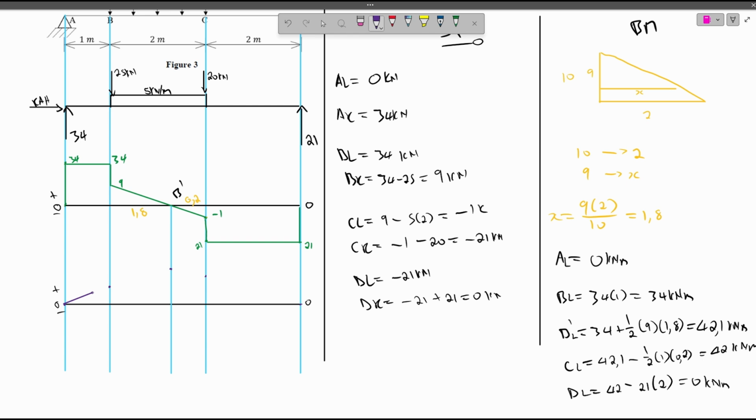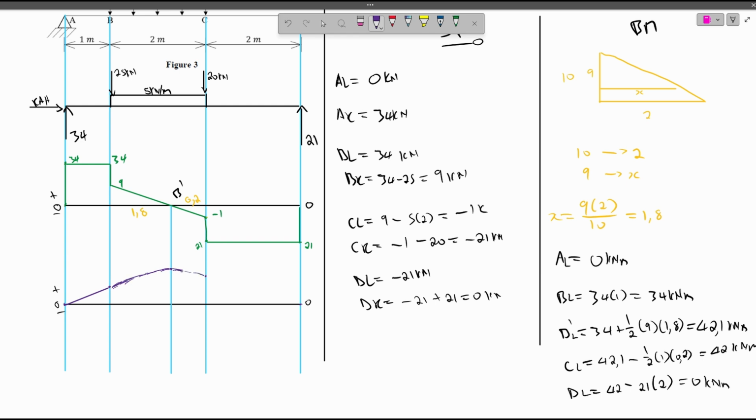So this one is going to go straight to here. And then the line is going to curve. So it's curving.